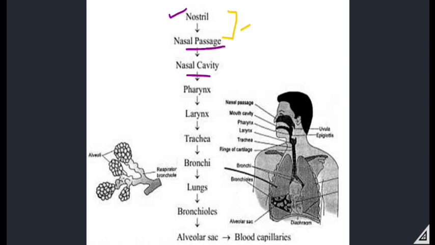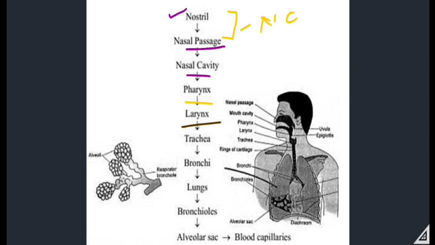After the nasal passage comes your nasal cavity. Nasal cavity is basically the end part of your nose which later joins your windpipe, right? So in general, you can also say that your nasal cavity consists of your nostril and nasal passage. These all together form your nasal cavity, right? So this is what your nasal cavity is.